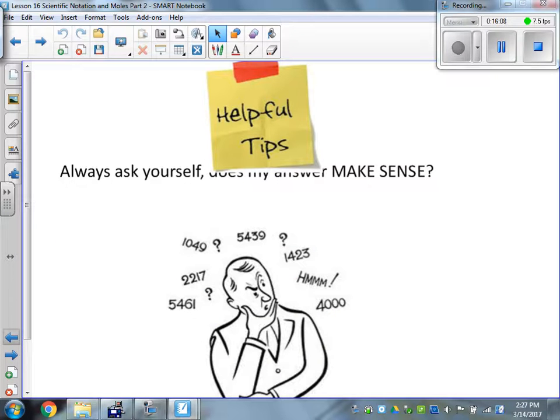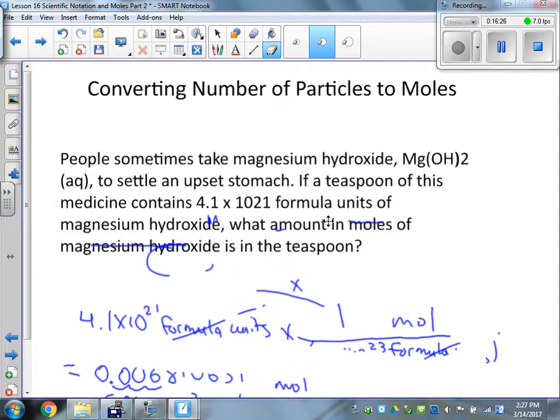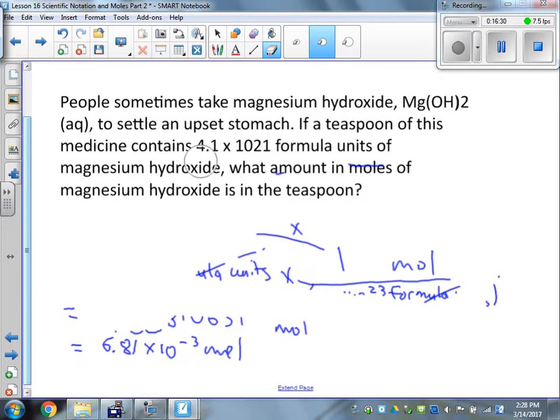If we're talking about particles or atoms or individual molecules, compounds, formula units, things like that, the number should be quite large. If we're talking about moles, it may not be quite as large, of course. So here we go. Let's take a look at this one here. This will be about the 4th or 5th slide in there, guys. So find that one for yourselves.